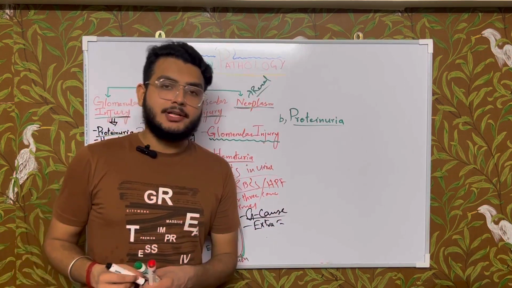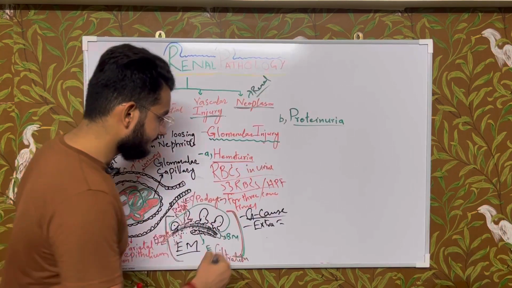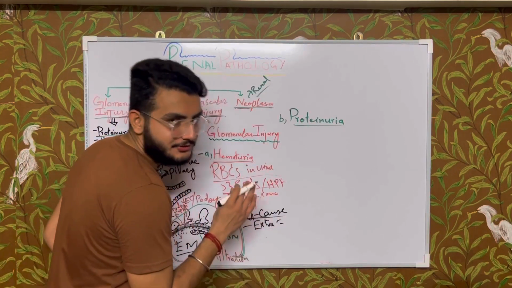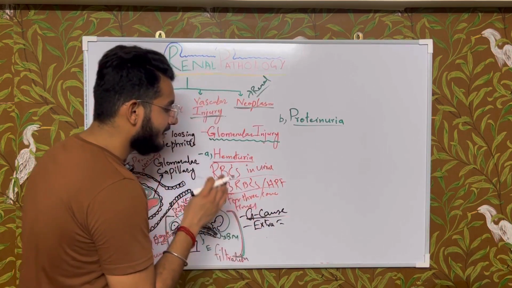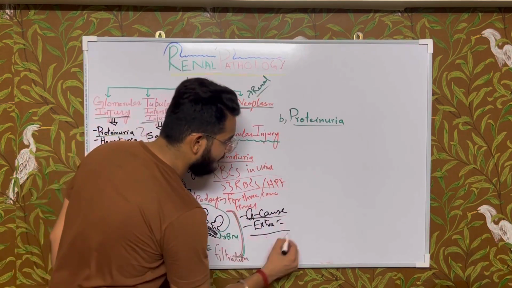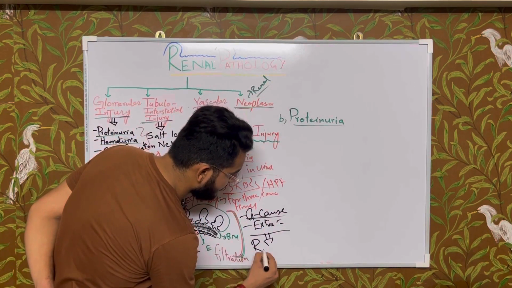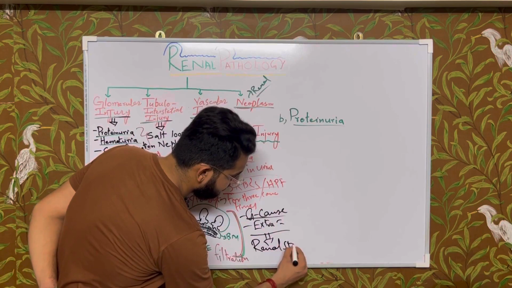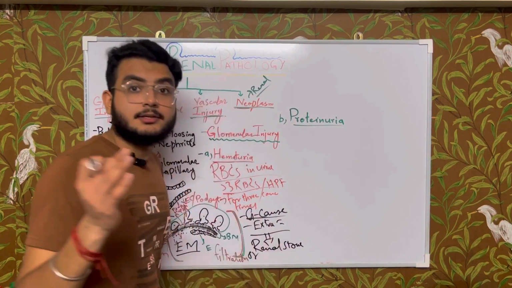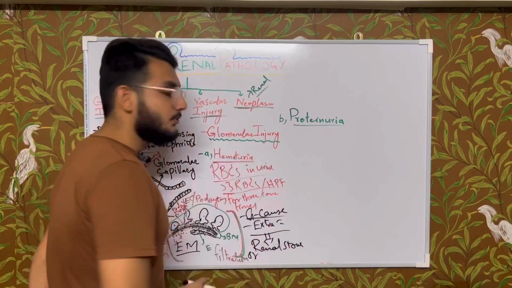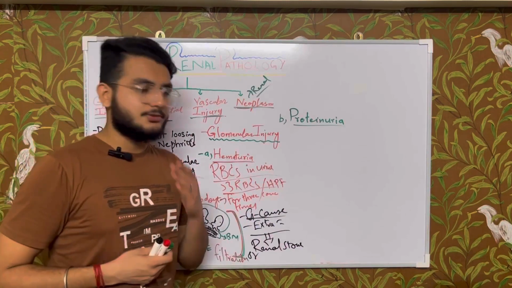The glomerular cause is majorly associated with nephritic syndrome, whereas the extraglomerular cause is associated with renal stones or idiopathic hypercalciuria. So these two points you must keep in your mind.